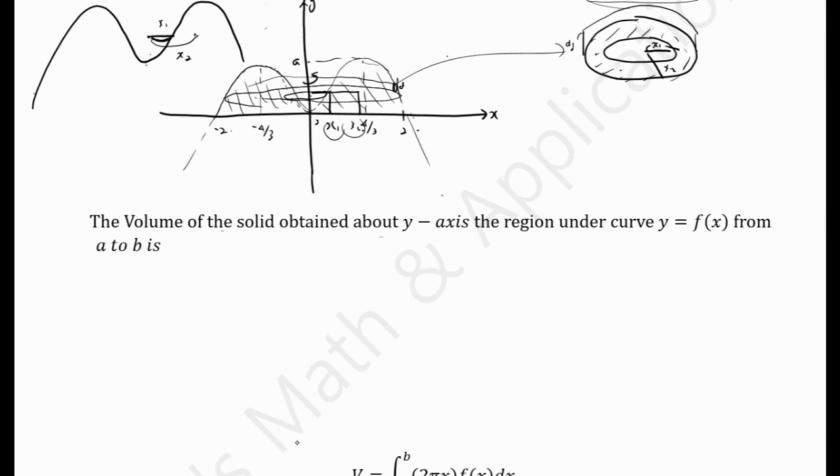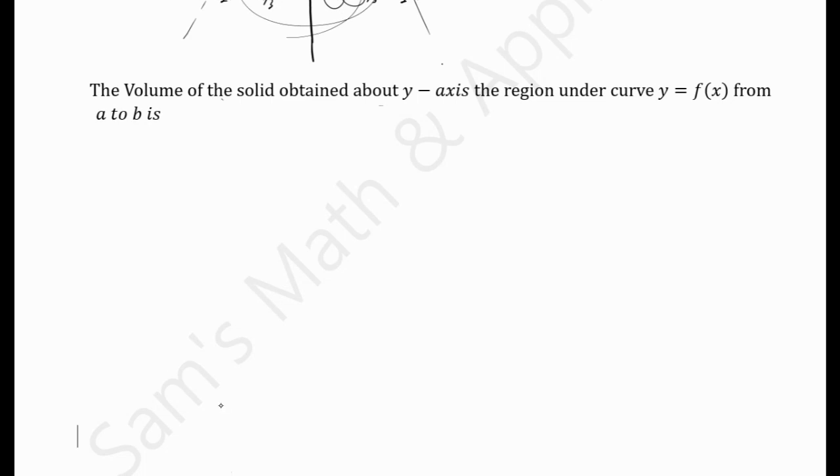So consider the volume of the solid obtained by rotating about the y-axis the region under the curve y equals f(x) from a to b. For example, we take this example again. This is the x-axis, and this is the y-axis, and this is 0, 2, and minus 2.